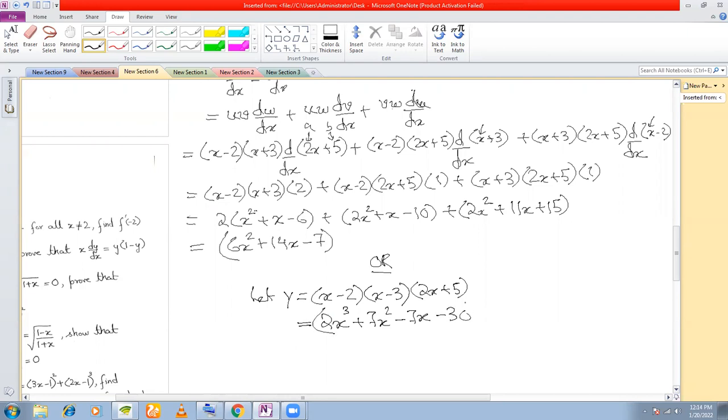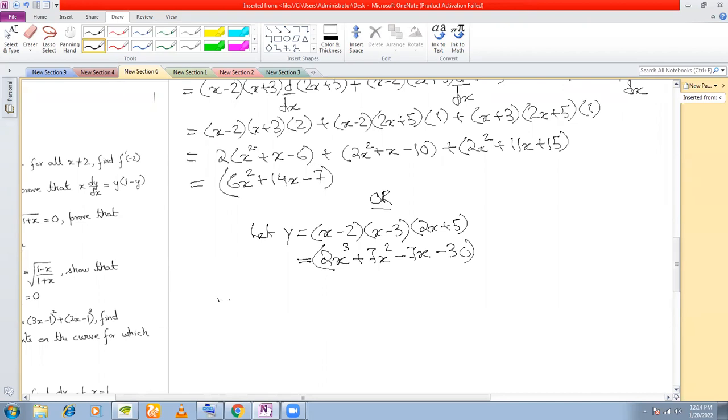And now it becomes easier to differentiate. So therefore dy/dx will be equal to d/dx of 2x cubed plus 7x squared minus 7x minus 30.